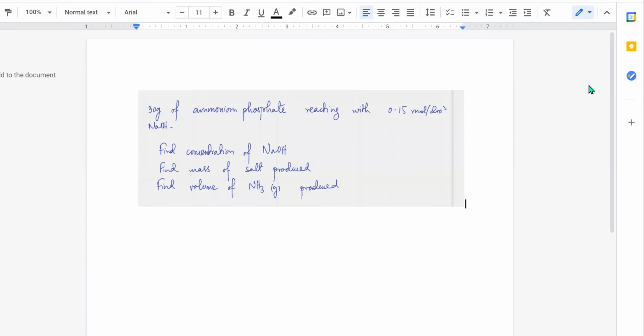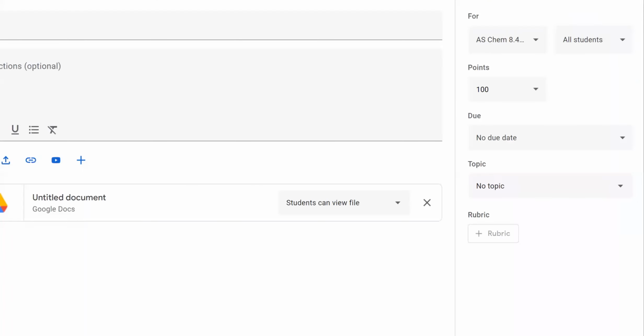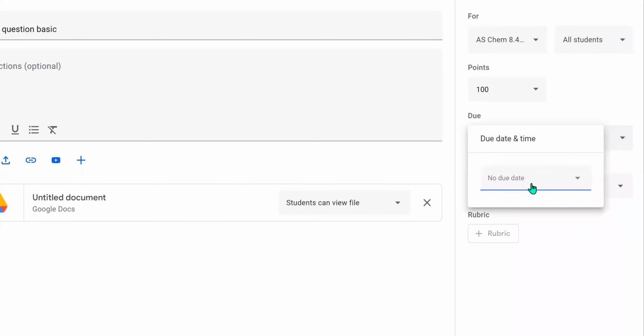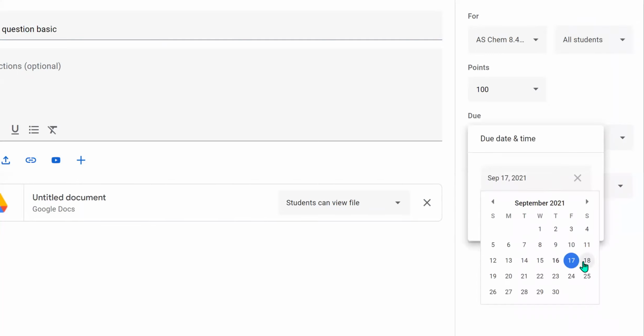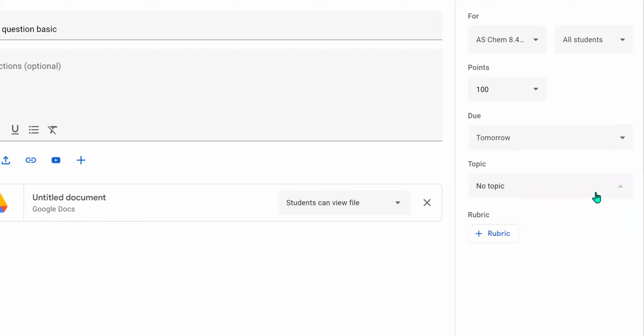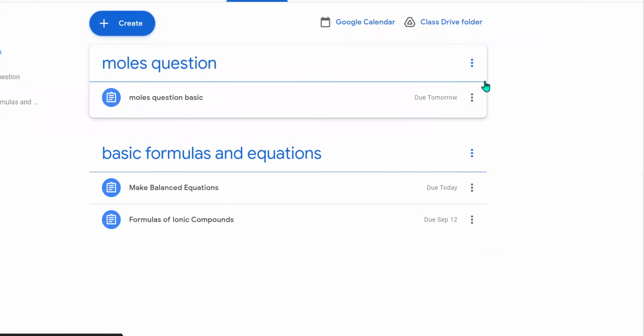That's the question that you have to solve. I've posted it. So it's a basic moles question, and it's due tomorrow. That's your first moles question. I've assigned it as well, and I'm going to post it in the group as well.